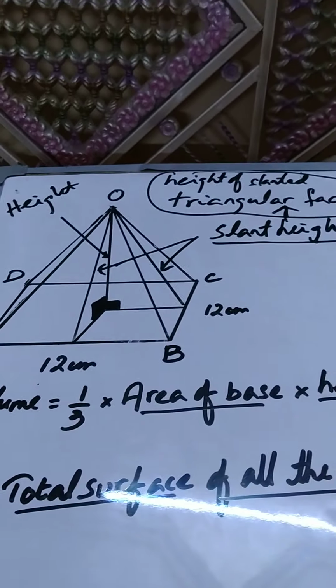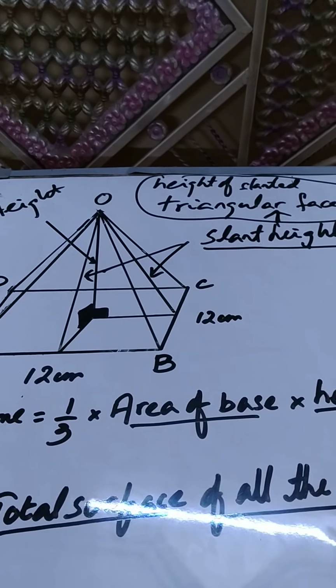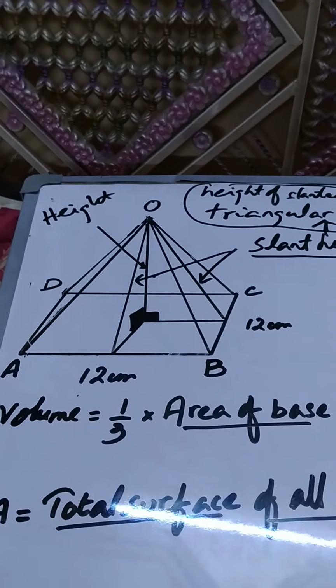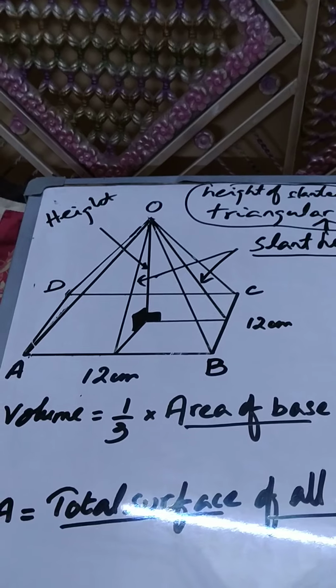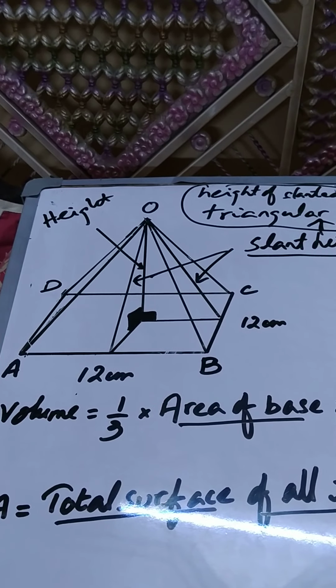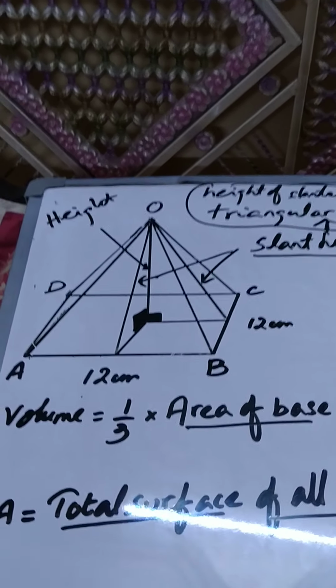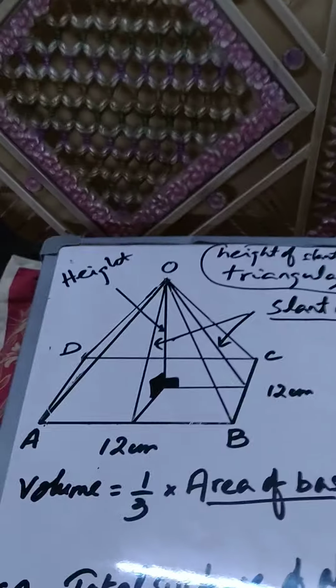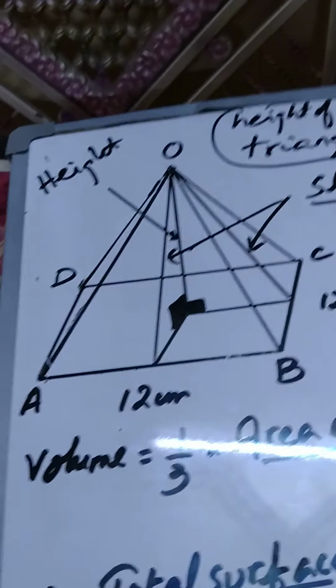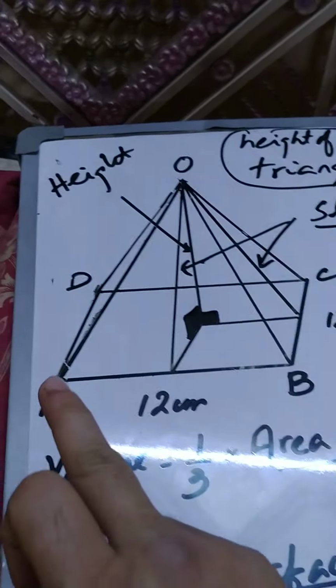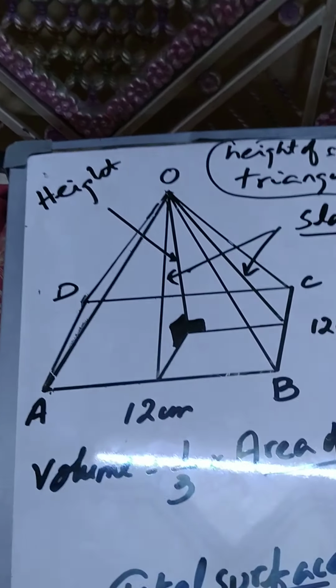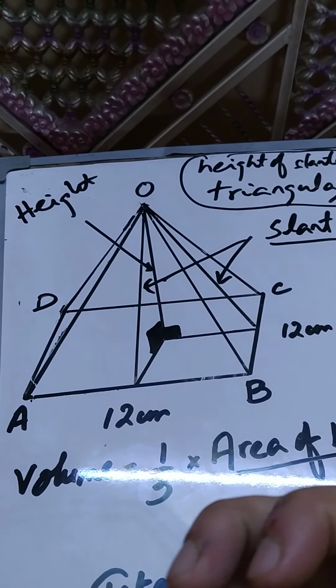So we know that a pyramid is always dependent on its polygonal base. What is a polygonal base? A face on which it is supposed to be standing, or a face which is on the ground. So look here, this is a square base pyramid. So ABCD is a polygonal square face.